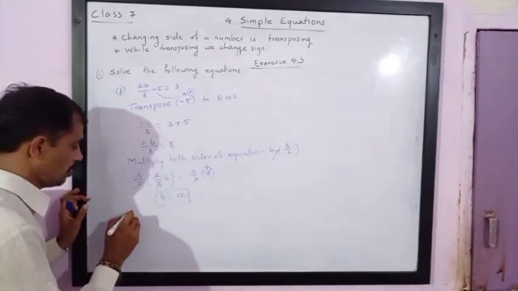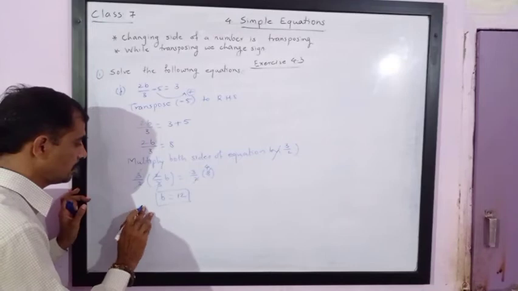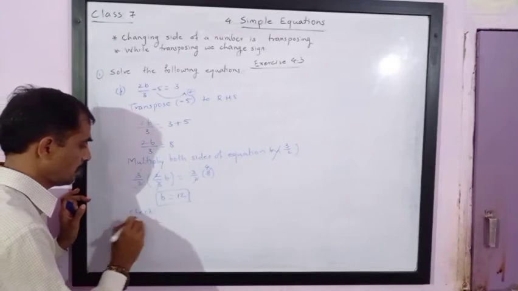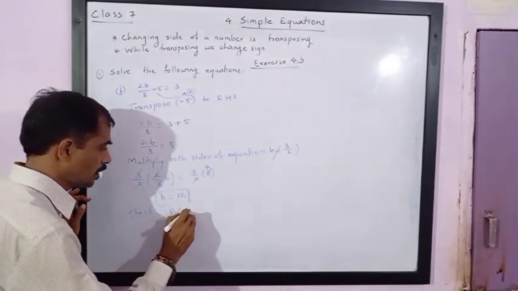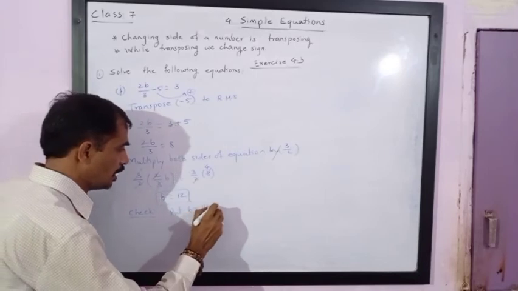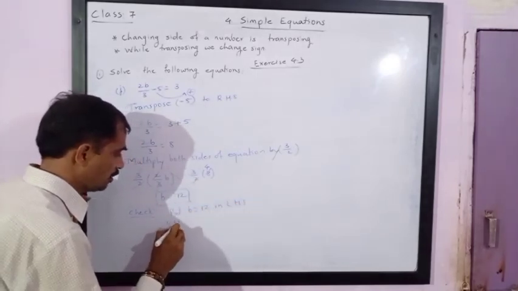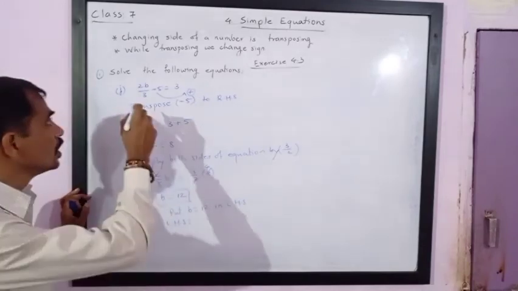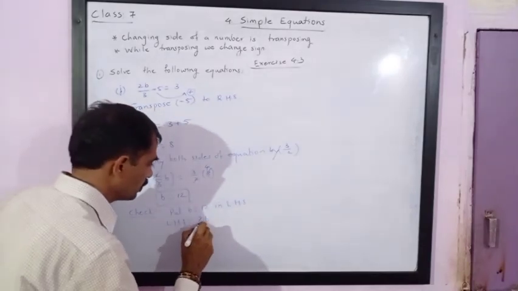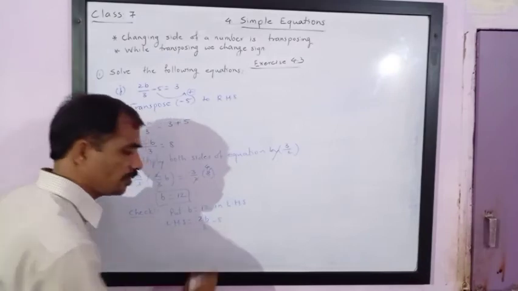So for checking, put b is equal to 12 in the left hand side of the equation. Now the left hand side is 2b upon 3 minus 5.